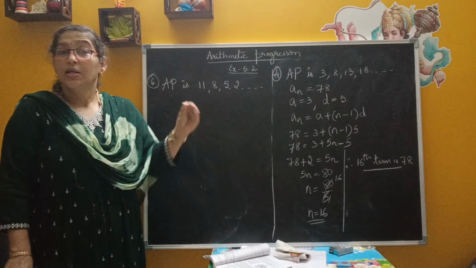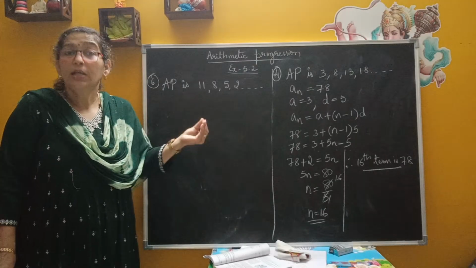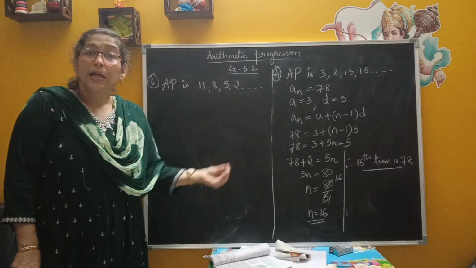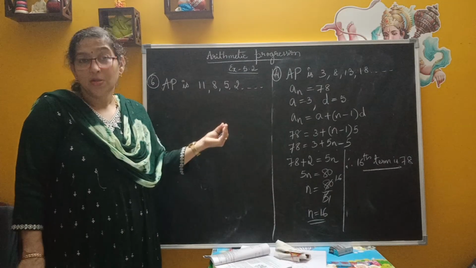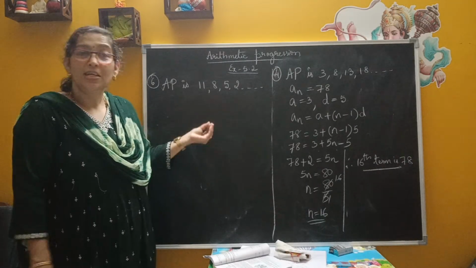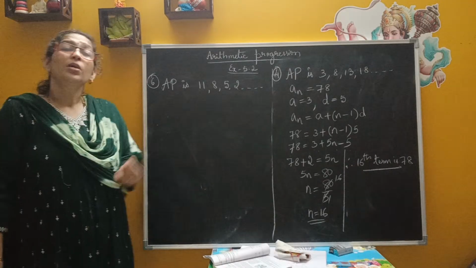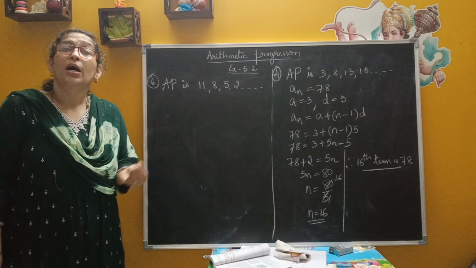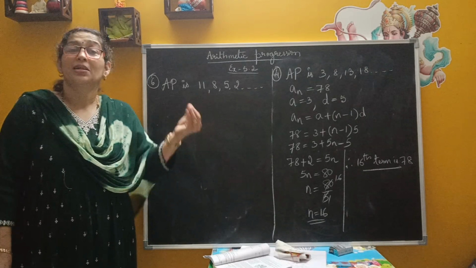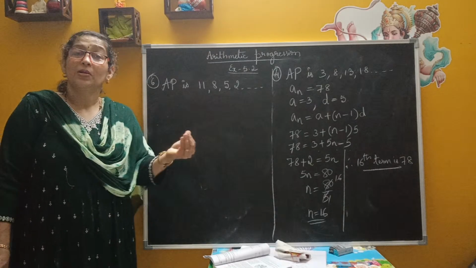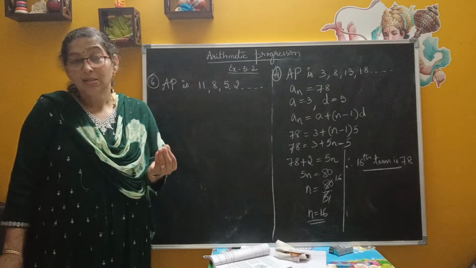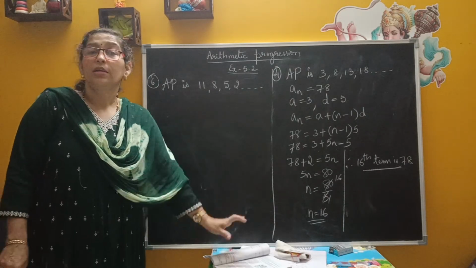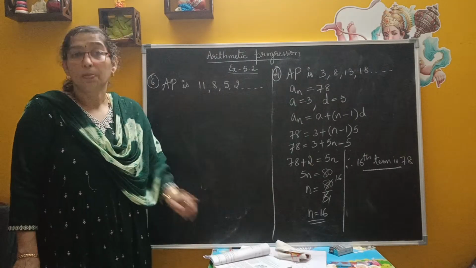If it is 0, we don't have any term at all. We cannot have any negative term, isn't it? We cannot say minus 1st term or minus 10th term. Like that, we cannot say half term or quarter term. We cannot say like that. Therefore, always the n value must be a natural number.